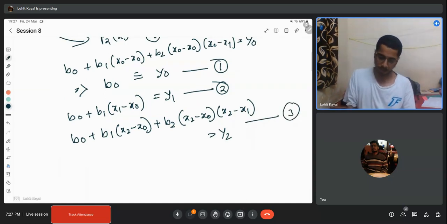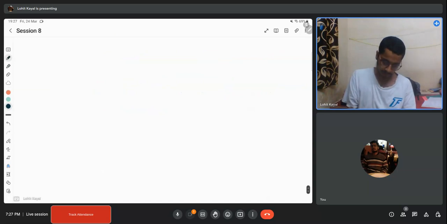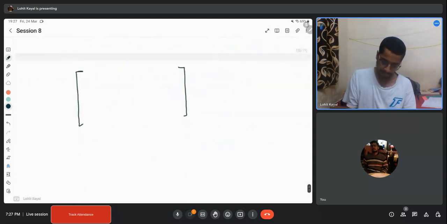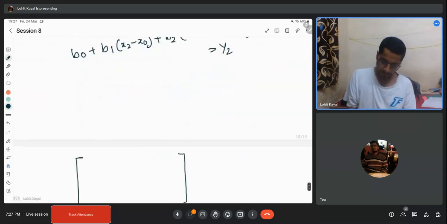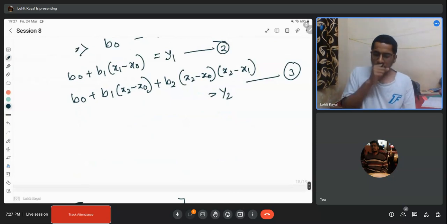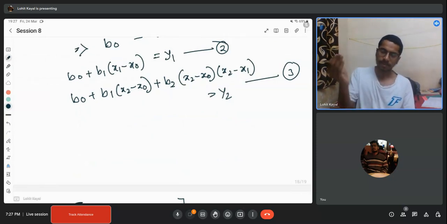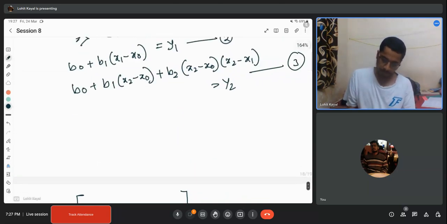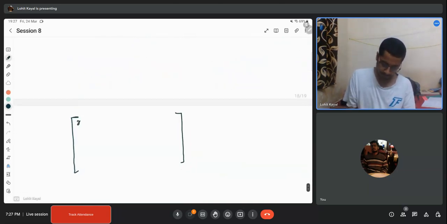Now in matrix notation, how can we write it? I can write it like this. I will arrange the equations like this: first equation 3 will come, then equation 2, then equation 1.